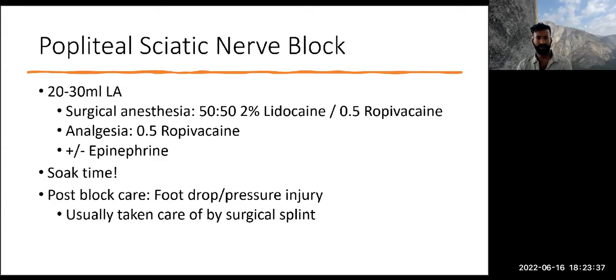Something we really don't think about almost at all, because our indications are for a surgical procedure, and nearly all surgical procedures leave the operating room with a surgical splint. But if you were to be doing this block for pure analgesia in the ward, or an emergency room indication, then thinking about that as part of your post-block management would be important.